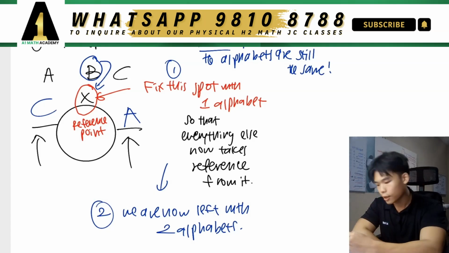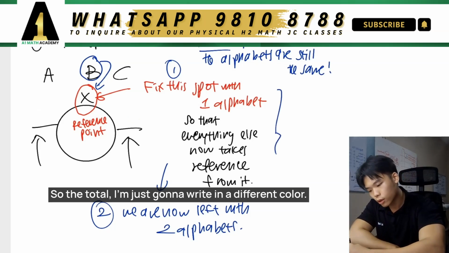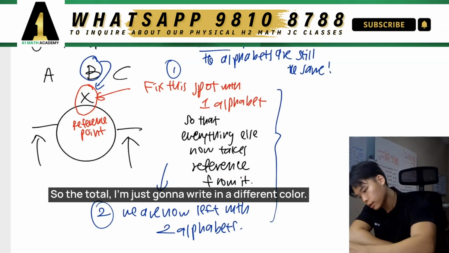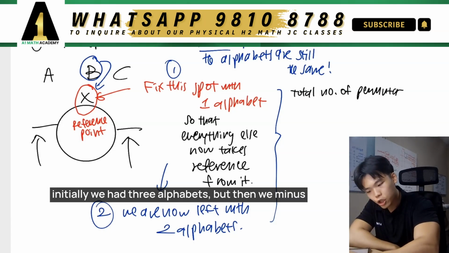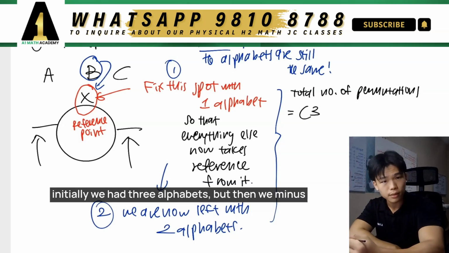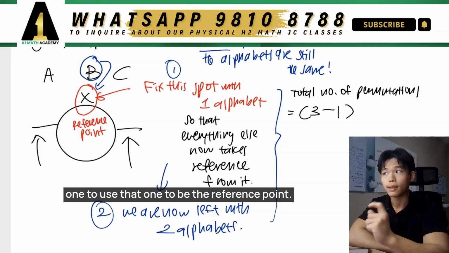The reference point. So how many permutations are there? So the total number of permutations, right? Initially, we had 3 alphabets, but then we minus 1 to use that 1 to be the reference point.